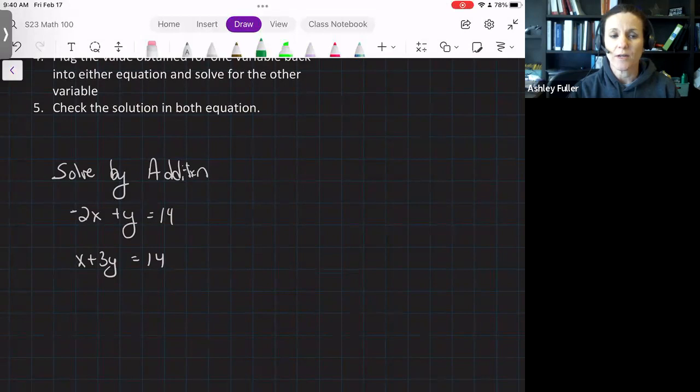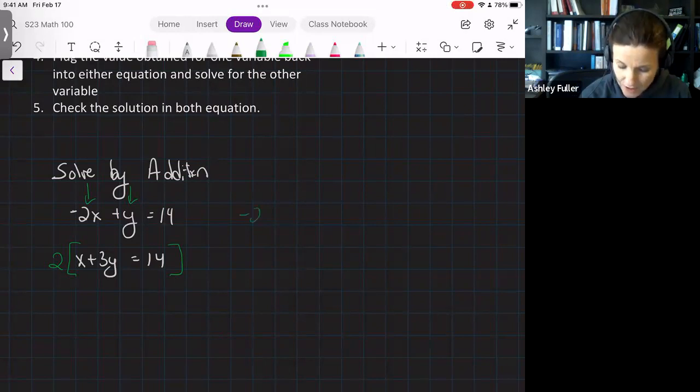Notice here that this equation is already written in standard form. So our first goal is to cause one of these variables to disappear by making sure the coefficients are opposite of each other. I can choose to multiply this bottom equation by 2, or I could have chosen to multiply the top equation by negative 3. Both will result in the same answer.